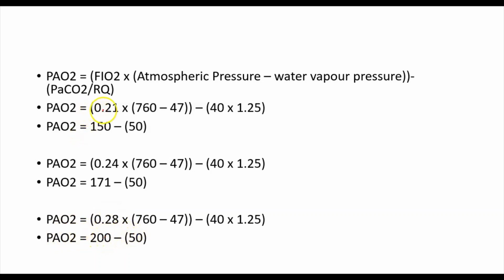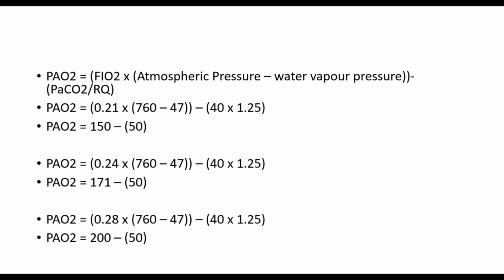And so just by going from 21% in room air FiO2 to 28% FiO2 in 2 liters nasal prongs, you effectively increase the amount of oxygen in the alveoli by about 50 millimeters of mercury. Of course, if you have an oxygen extraction issue, you'll have an increased AA gradient, and not all of that extra 50 millimeters of mercury of oxygen that you're delivering to the alveoli will be able to get into the blood.